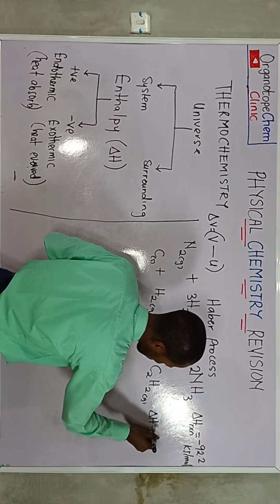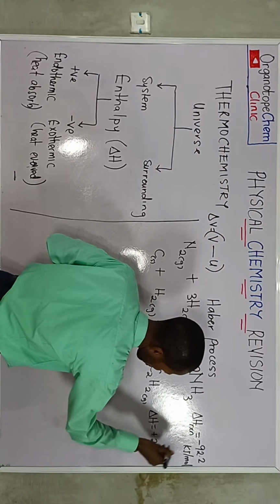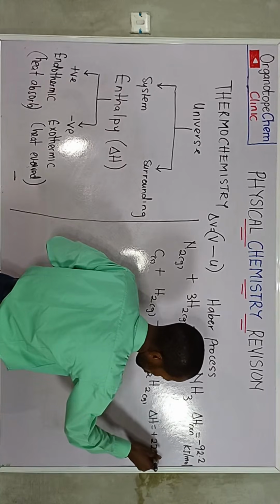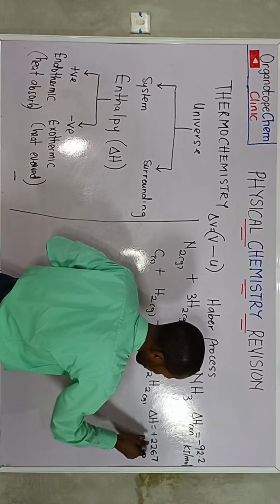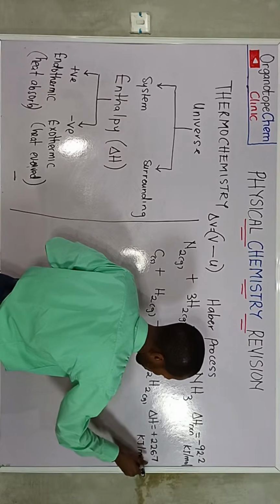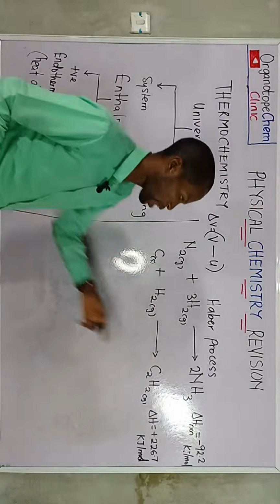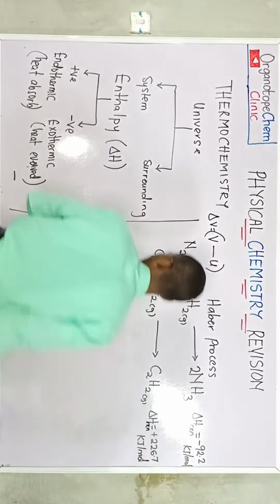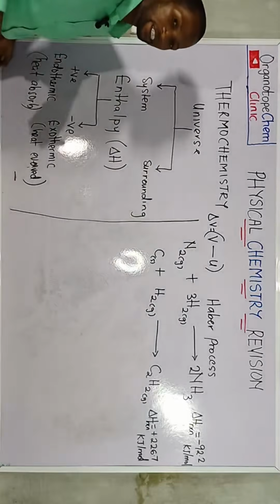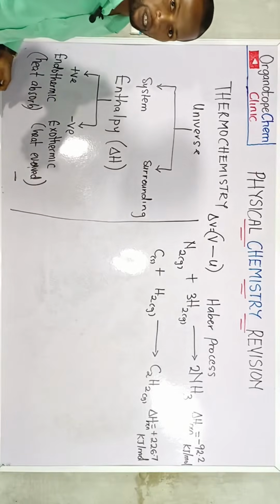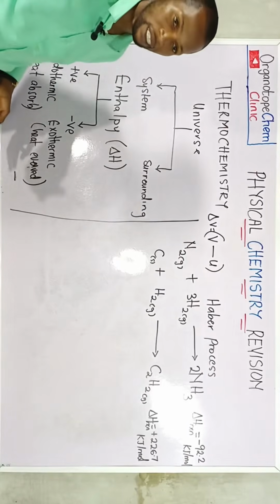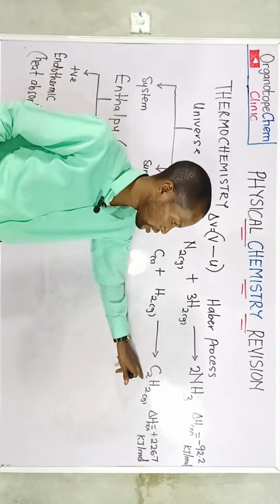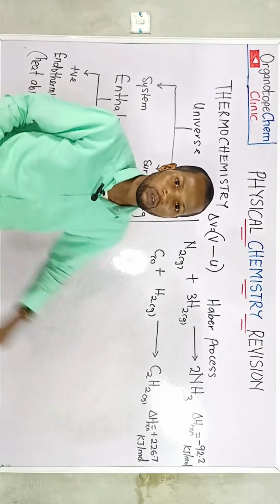The value of enthalpy for this is plus 226.7 kilojoule per mole. Which implies that since the enthalpy of reaction is positive, then the reaction is what? Endothermic process, endothermic reaction. Is that taken? Now, what is the IUPAC name of this compound?